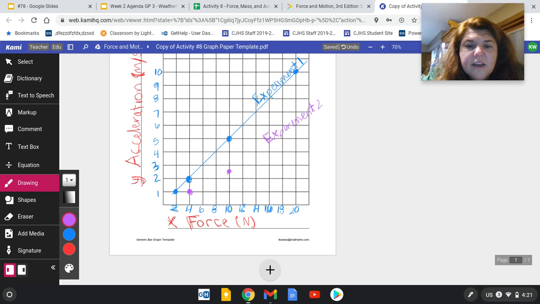Hopefully you can get through that during Tuesday's class. As long as you can get through graphing experiment 1, we're actually in really good shape. And if you want to finish graphing experiment 2 at home, that's okay. And then we will discuss it on Tuesday in class.